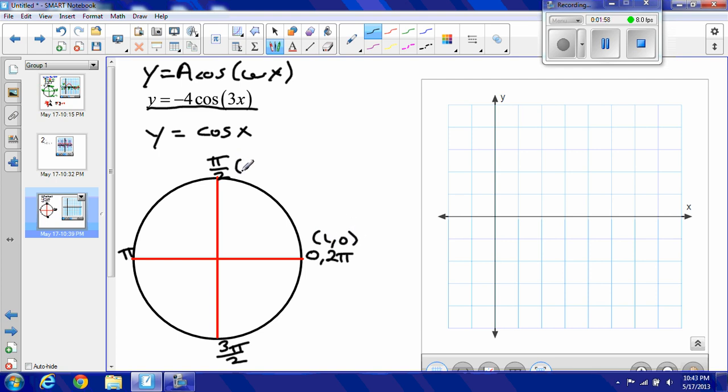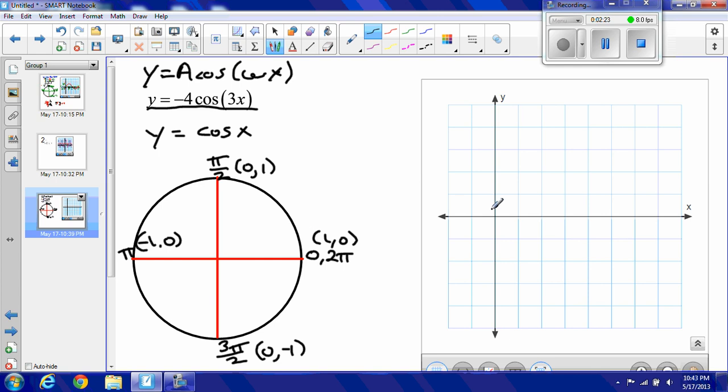Up here, my coordinates are 0, 1. Over here, my coordinates are -1, 0. And down here, my coordinates are 0, -1. And as you recall, cosine is the x value of your coordinate on the unit circle.